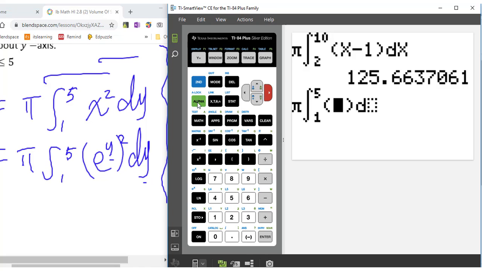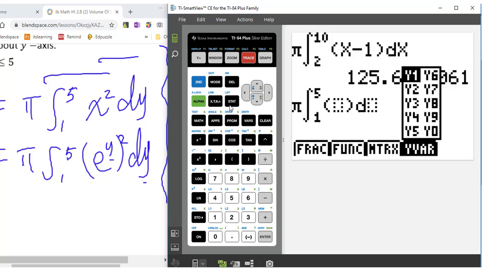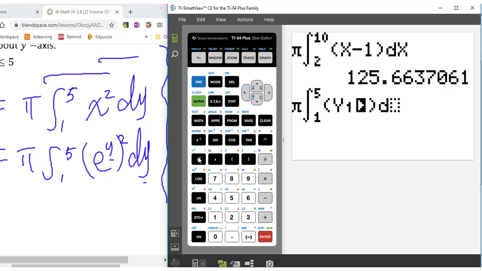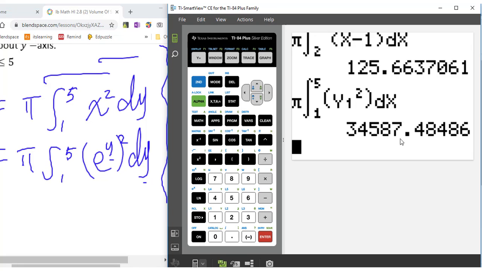Here, you put alpha trace y1, then square. Put this as x. Just change every single y into x when you put it into the graphing calculator. Then press enter. You will get this answer. This is the volume for rotating across the y-axis.